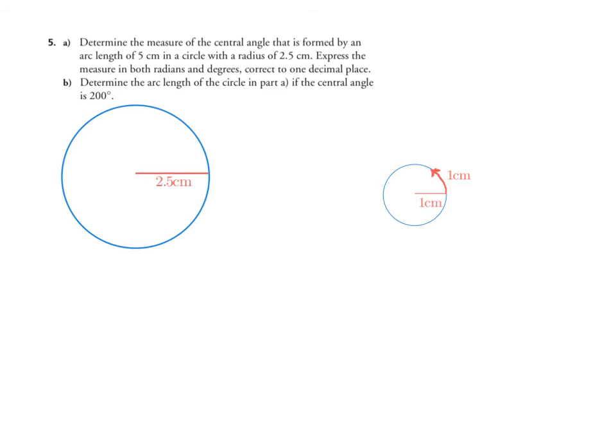So we're going to say it has an arc length of 5 centimeters, like that. Now let's see what that would be if you only had a radius of 1. So we're going to divide this by 2.5 and divide this by 2.5.